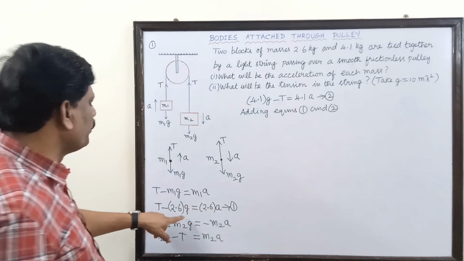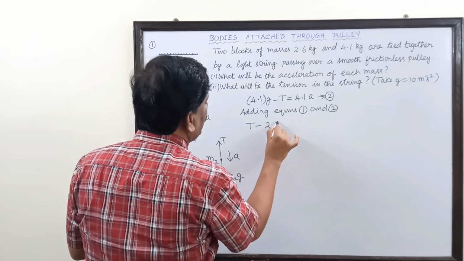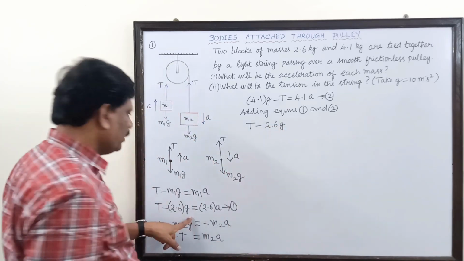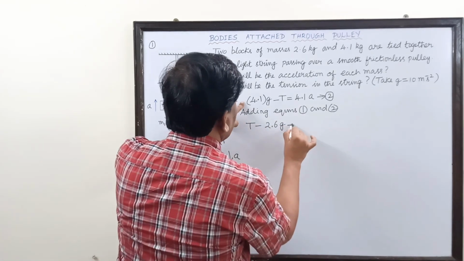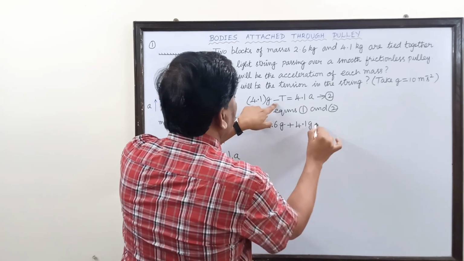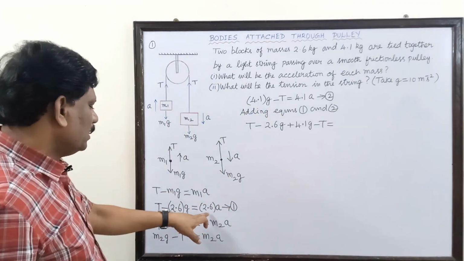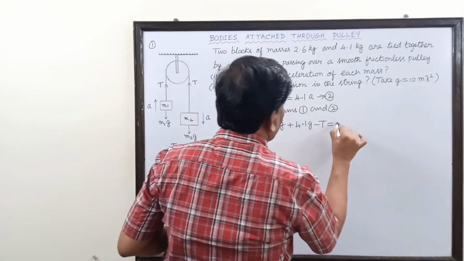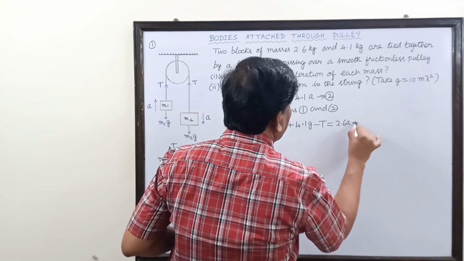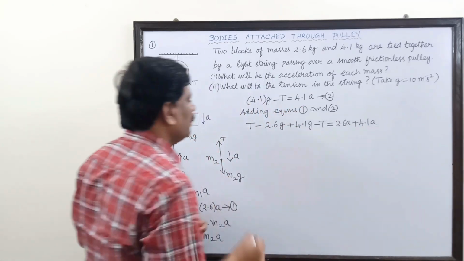T minus 2.6 g plus 4.1 g minus T is equal to 2.6 a plus 4.1 into a.